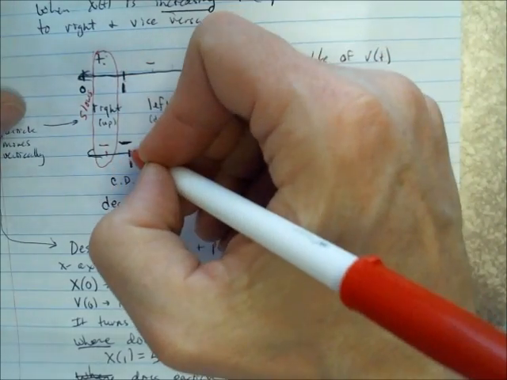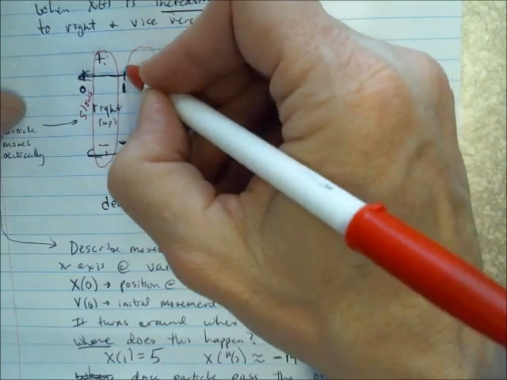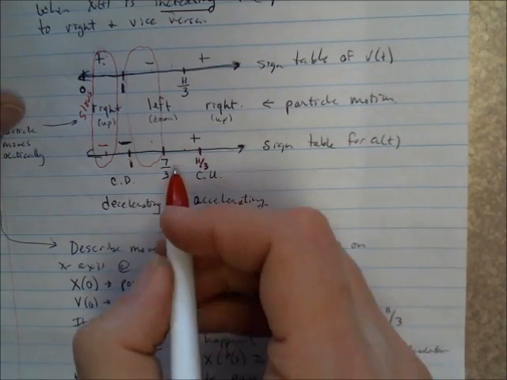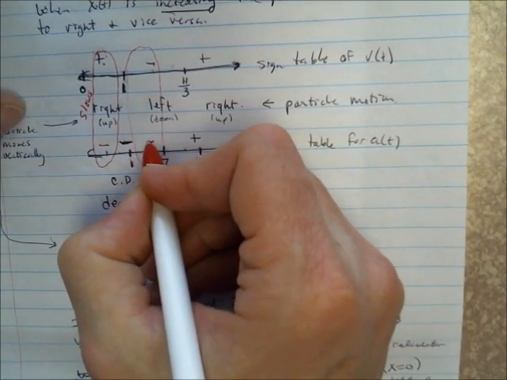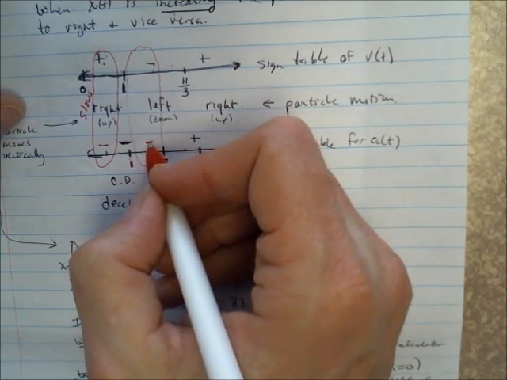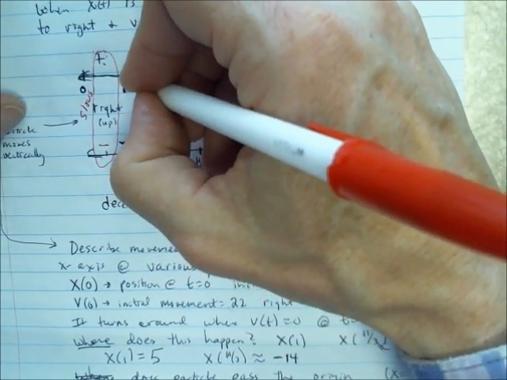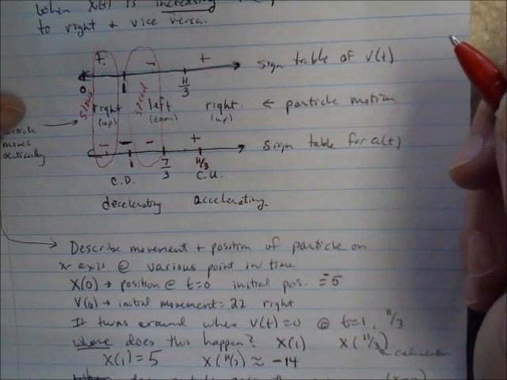But then when you reach time equals 1, that's this section of the graph, all the way up until time equals 2 1/3 seconds, you have both the velocity and the acceleration being negative. So in this part of the graph, the particle is speeding up because velocity and acceleration both have the same signs.